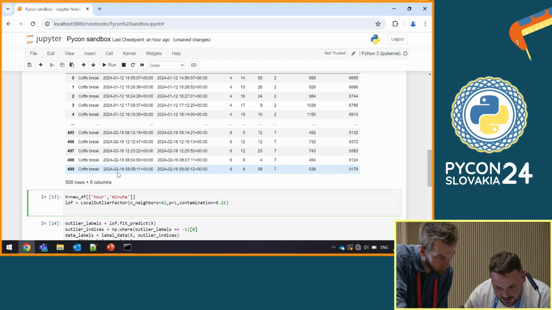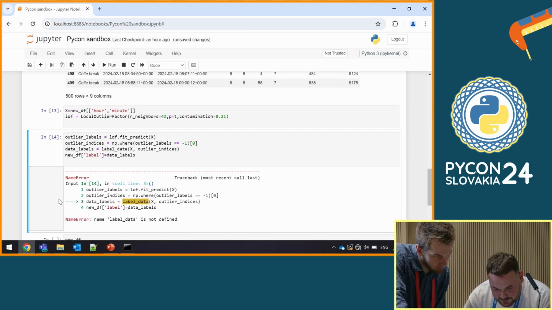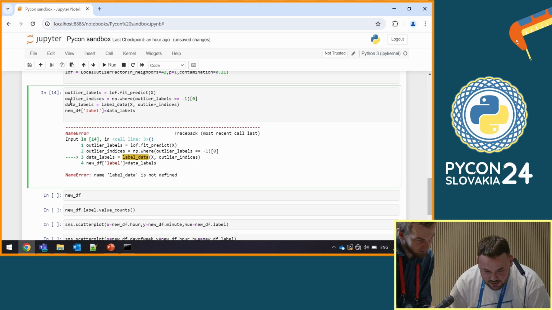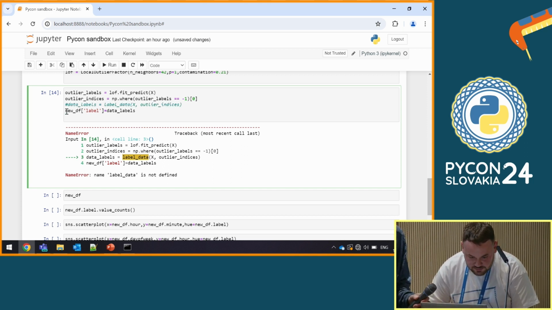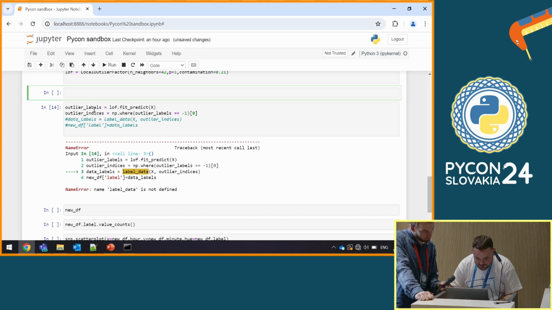Is it imported correctly? Outlier indices, label data. Okay, we can do it a little bit differently.